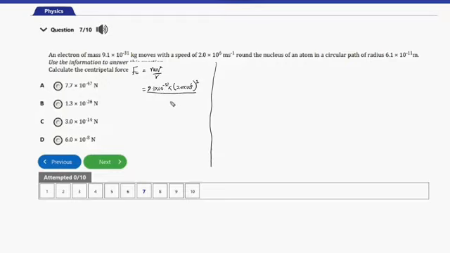Then this will be divided by the radius of the path, which is 6.1 times 10 to the power of negative 11. So guys, when we calculate this out, we're going to have 6.0 times 10 to the power of negative 8 Newton, and that's option D here. So that's it for this question. Let's go ahead and consider the next question, guys.